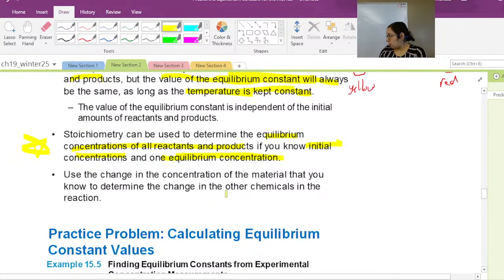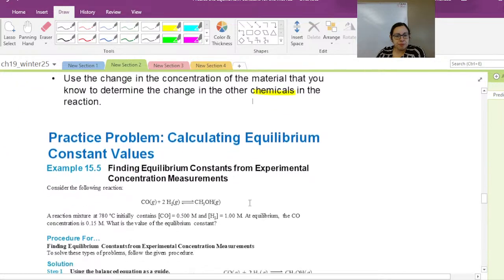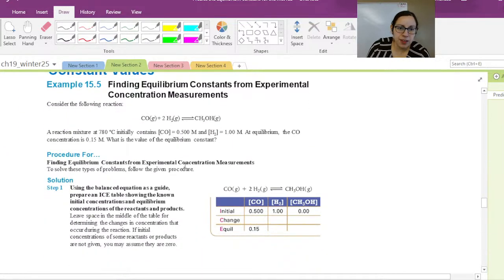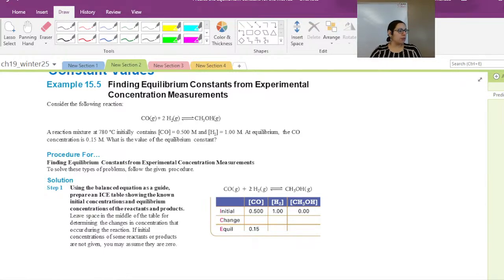And again, we'll go through this process together, but we can figure out from our equilibrium constants, our change, and then figure out the other chemicals, again using stoichiometry. Okay, so that was a loaded statement. So let's go through this process.